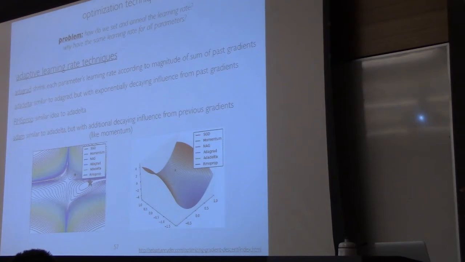And then other methods have improved upon this, and the gold standard at this point is this optimizer called Adam, which stands for Adaptive Moment Estimation. And there are these cute little visualizations of these different optimizers working through a saddle.